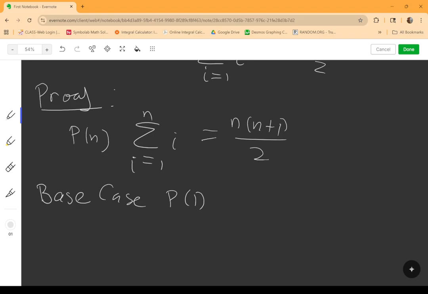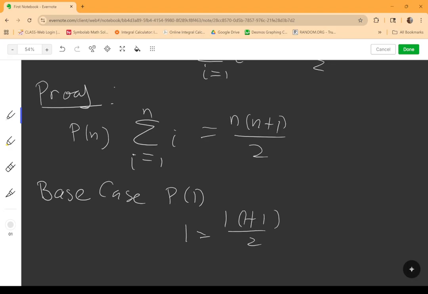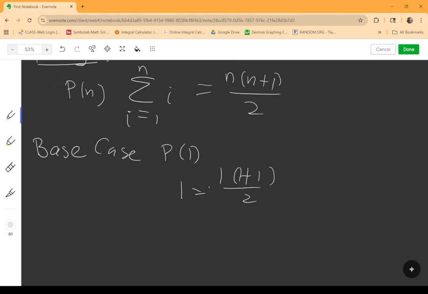P of 1 is just equal to 1, which is 1 times (1 plus 1) over 2. So we get 2 times 1, which is 2, over 2, which is 1. So we're done there. Base case proven. We've shown that the first domino will fall.